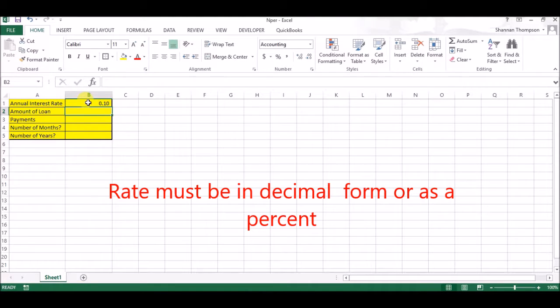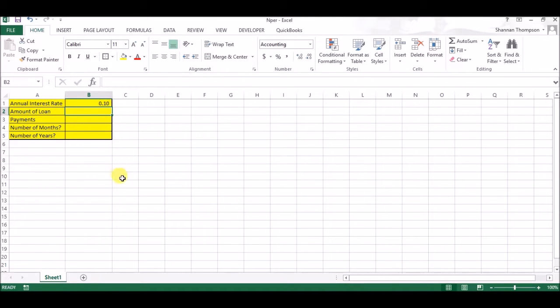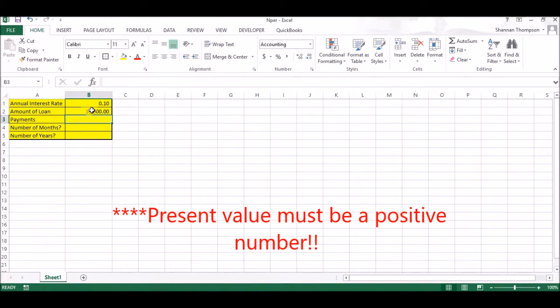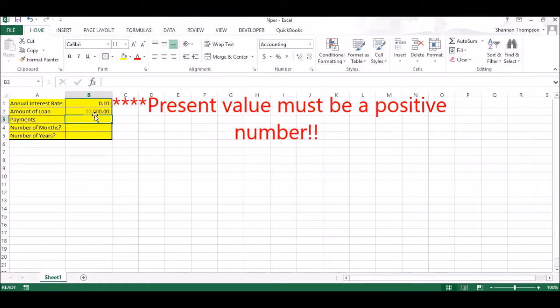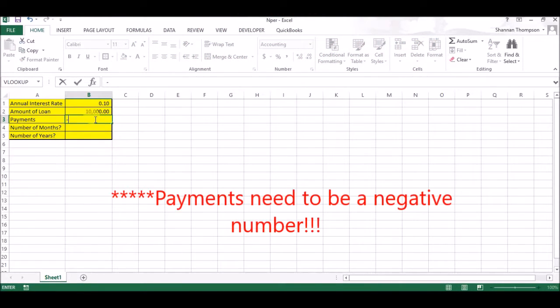I'm going to go ahead and do 0.10, or you can, as always, do 10%. The amount of the loan that I'm going to do, like I said, I'm going to keep it really simple for you guys. It's going to be $10,000. And for the payments, make sure that your payments are a negative sign, otherwise the formula isn't going to work.